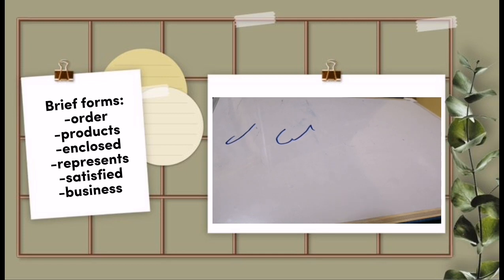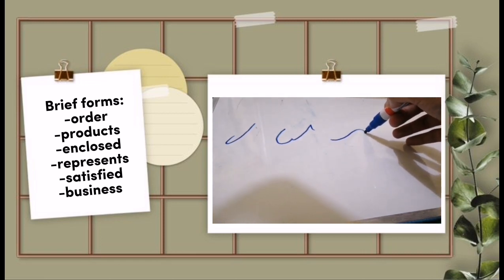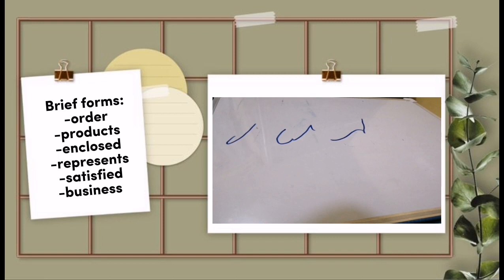That's how you write the word products. For our next word, we have the word enclose. Next word, we have the word represents. That's how we write the word represents.